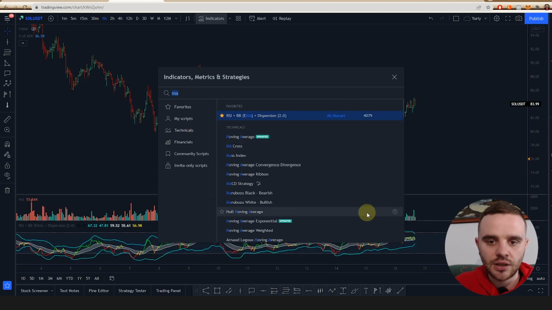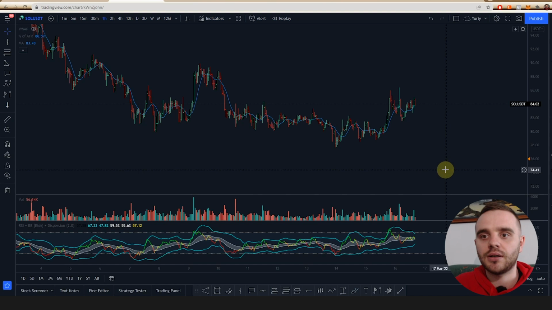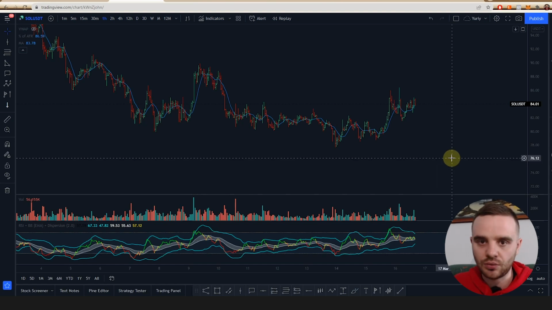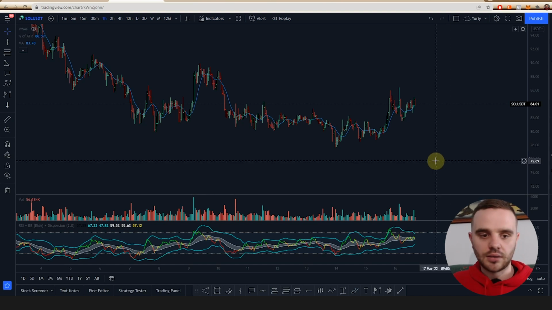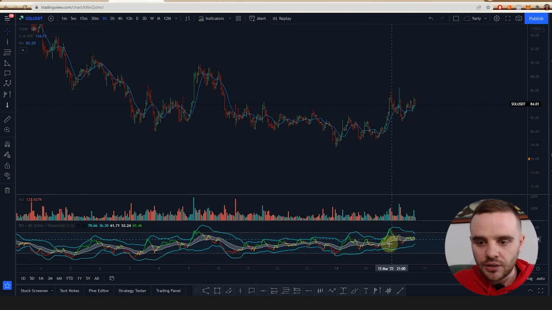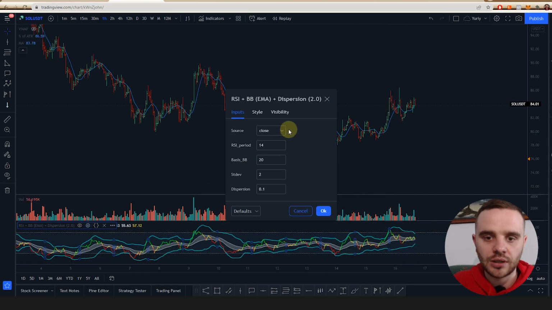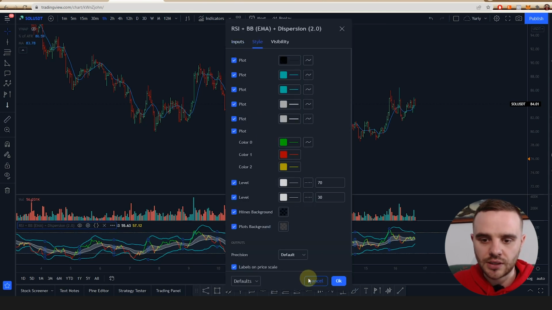Remember that all of these indicators were created by real people, other authors. And that's it. When you use it, remember that another person created it. For every indicator, you do a double click, or you move here, and you also can add settings. You can do all of the settings.